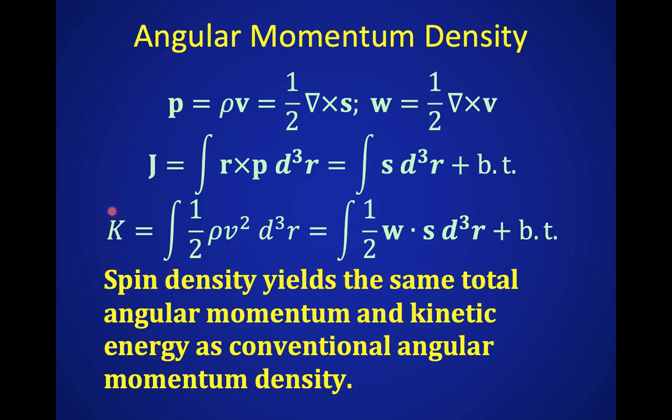We can also calculate kinetic energy, the integral of 1/2 rho v squared, and that's equal to the integral of 1/2 the angular velocity multiplied by the spin density, again within some boundary terms that we assume to be zero.